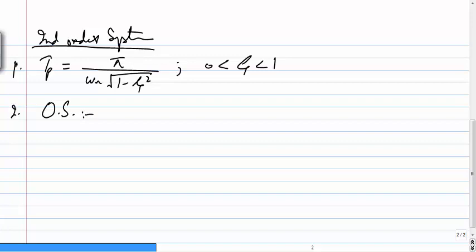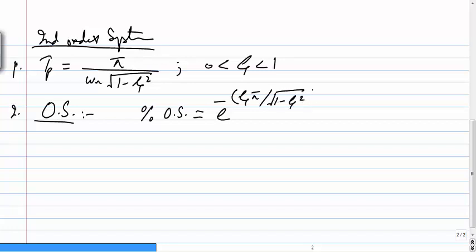For percentage overshoot, that is equal to exponential of minus zeta pi divided by under root 1 minus zeta square, times 100.